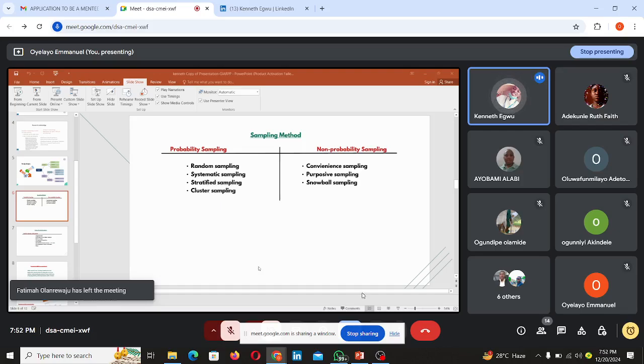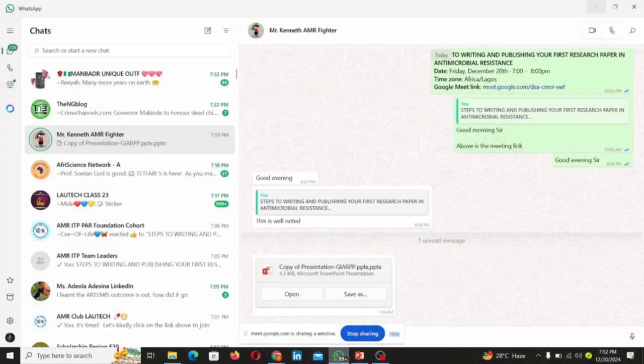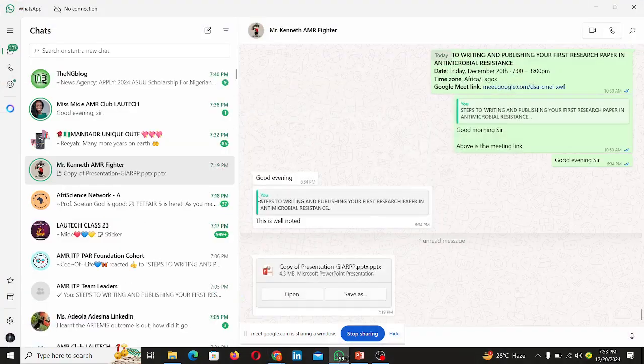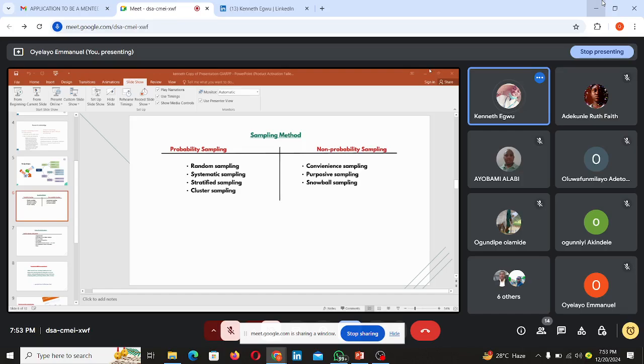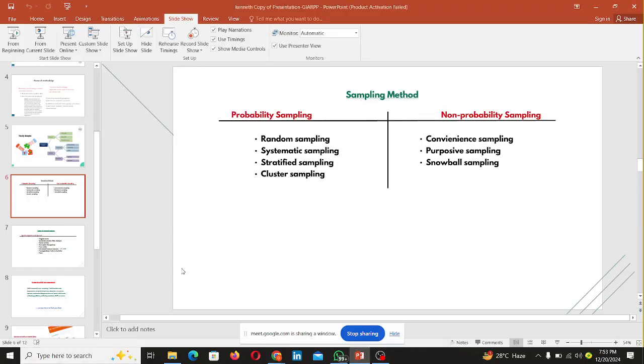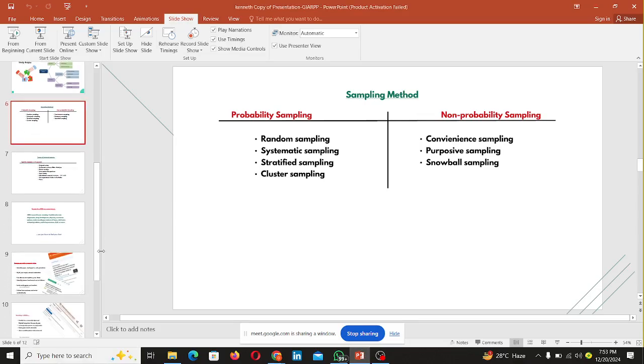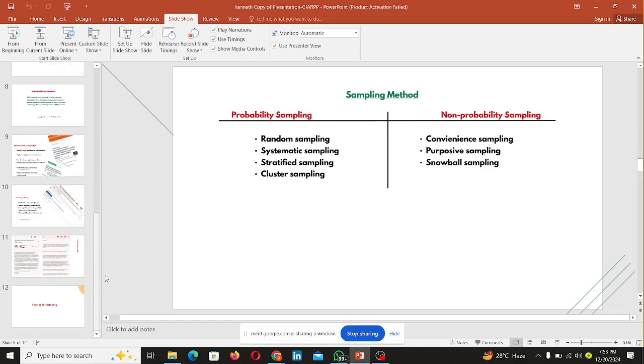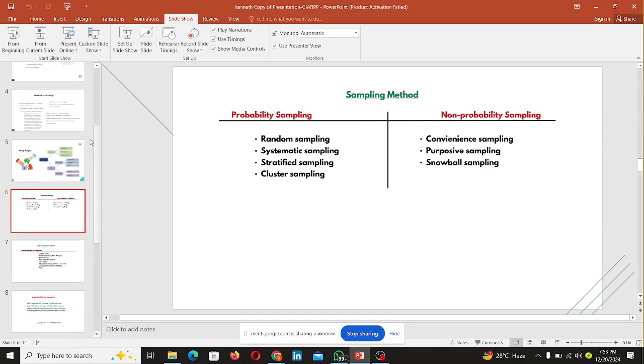Stratified sampling is somewhat similar to cluster sampling. I wish I had enough time to use graphics to show them, but unfortunately not, sorry about that. In stratified sampling, you bring together people that have particular characteristics and merge them together.